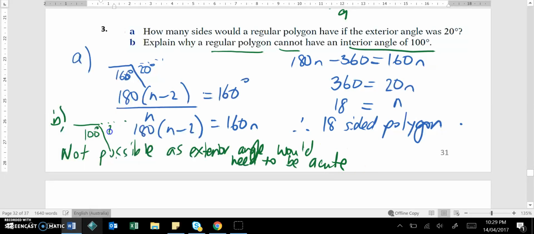And that can't really happen here. Because if that's 100 and you need an 80-degree angle on this outside, it's not possible. Because if you think about it, if that was 90, the other would need to be 90. But this is more than 90, so they're saying this would have to be less than that. And that doesn't make sense.